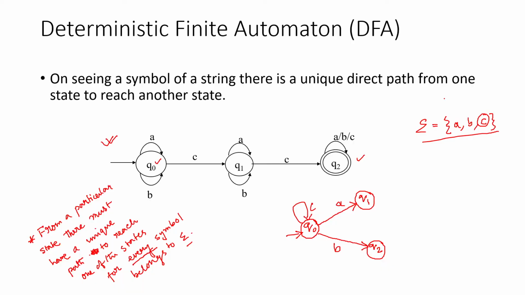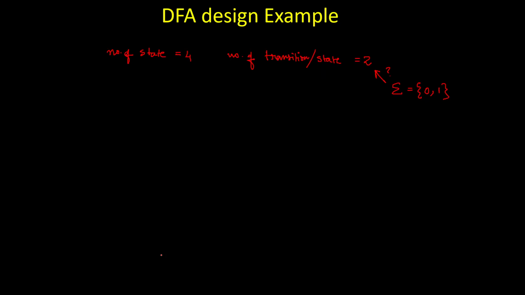Since I considered this statement, that for every symbol you must have some path, that means for both 0 and 1 you must have some path from all the states. So the total number of transitions will be 4 into 2, 8.